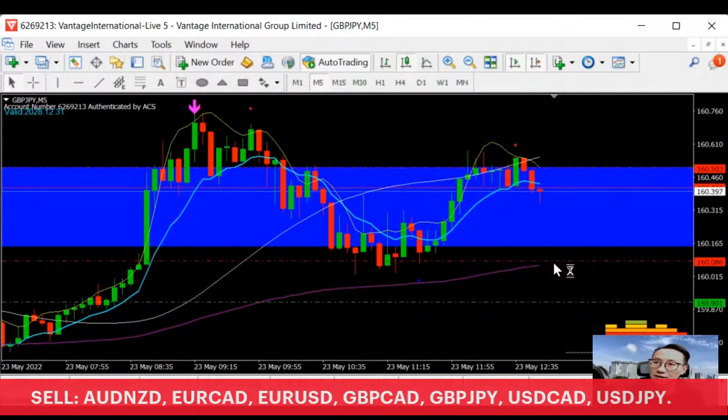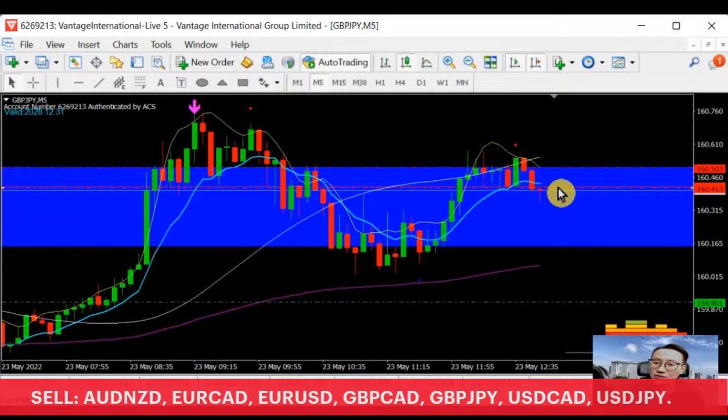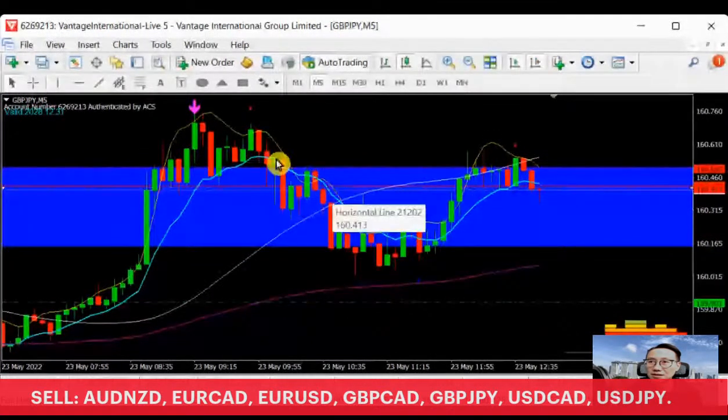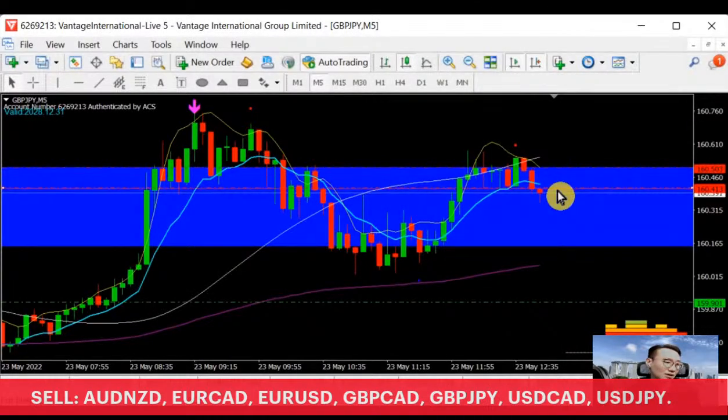Right now it's retesting. If it's retesting this resistance and not breaking the previous support here, the support with the most number of touches, the support tested here, this is the one that I'll be looking out for to sell.